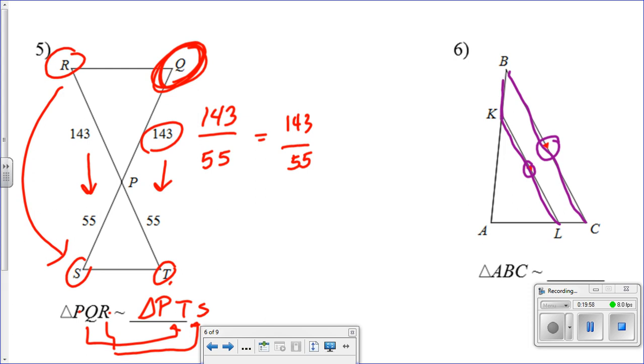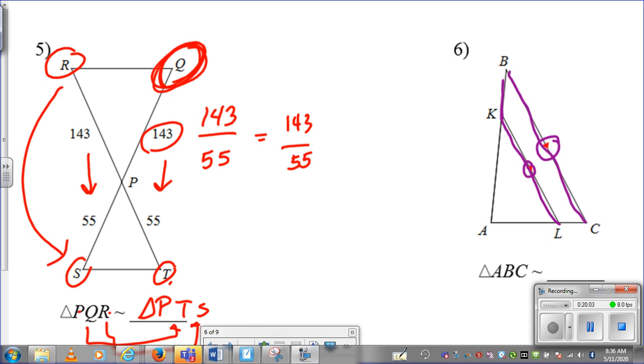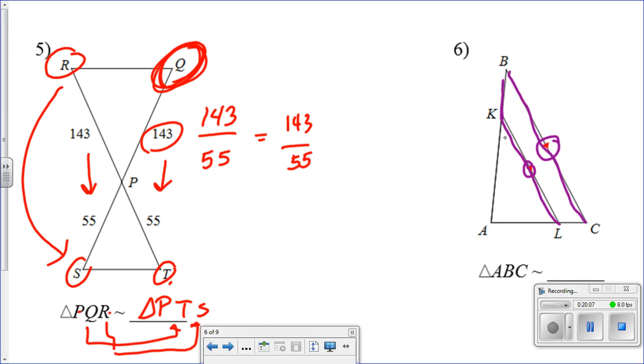So what this means, and you have to know your parallel lines cut by a transversal, is this angle is going to be congruent to this one. It might be a little hard to see, but those two angles are definitely congruent. They are what's called corresponding.